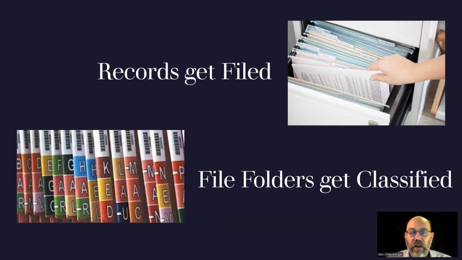If you talk about records getting classified, it is implying that you are managing records, basically managing your program at the document level as opposed to the file folder level. And there are some problems with it, and we'll actually see that further on when we get into the next couple of sections with the retention schedule portion.